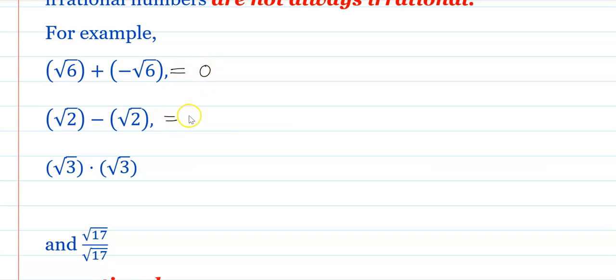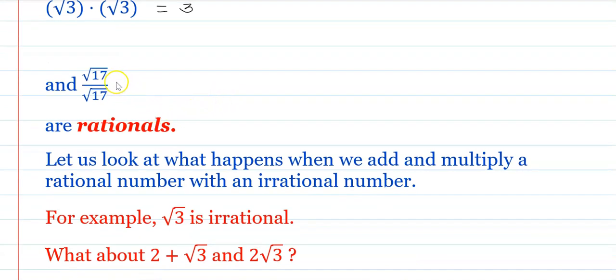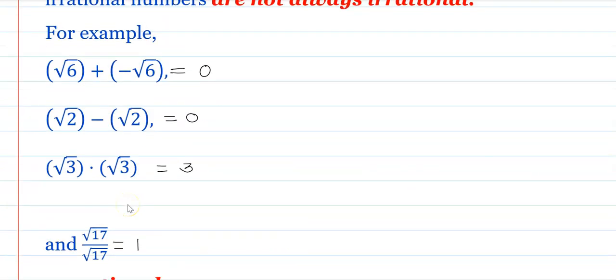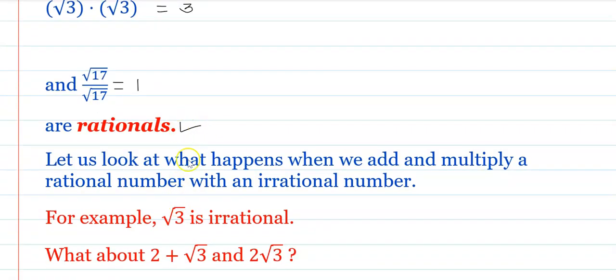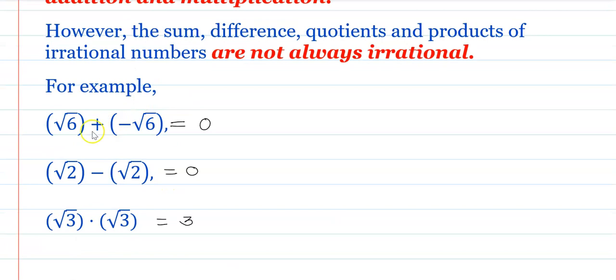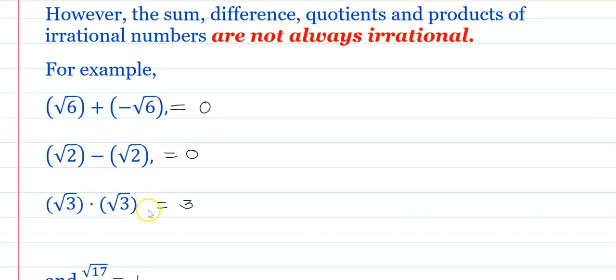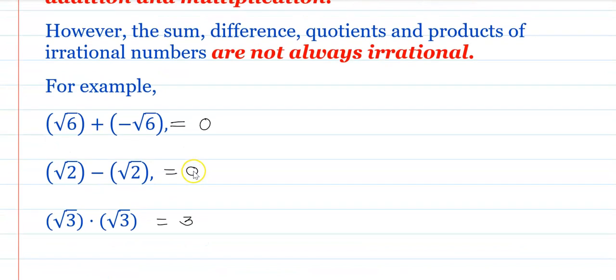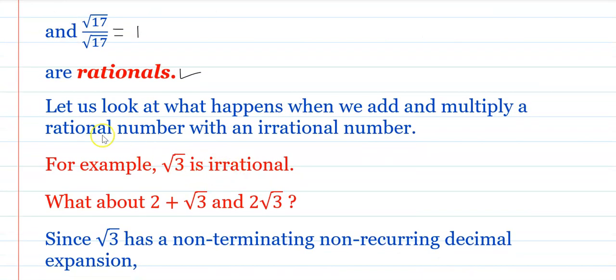Subtraction, root 2 minus root 2, gives 0. Root 3 into root 3 gives 3. These are irrational numbers, but their result is not irrational. The division of irrational numbers gives 1. Hence the sum, difference, multiplication and division of irrational numbers are not always irrational.